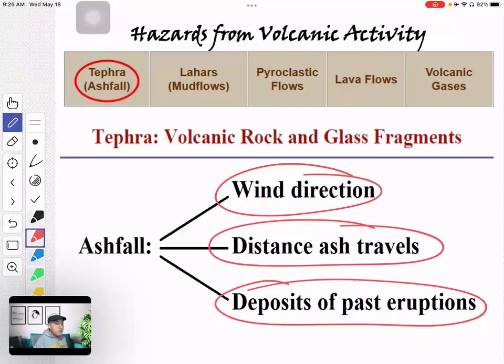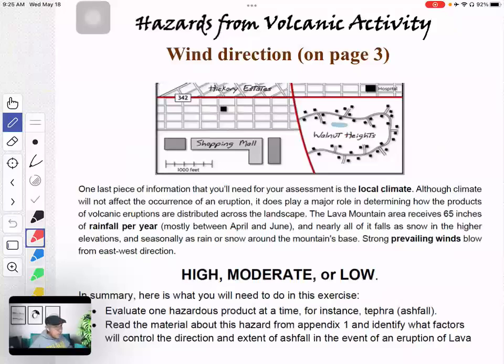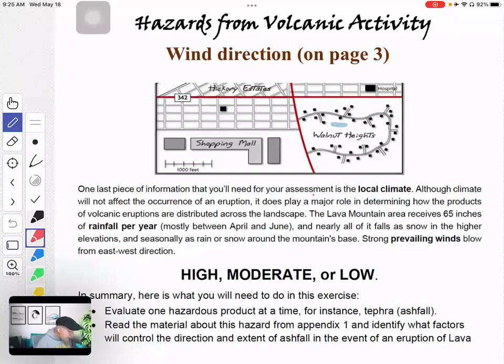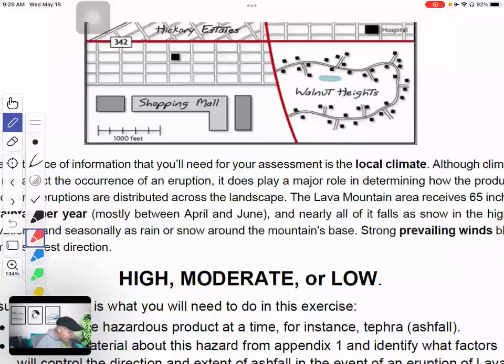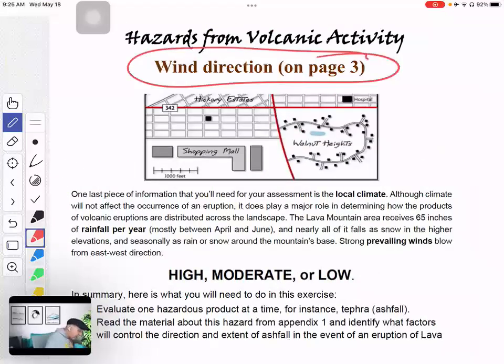So where are we going to get that information? That information is provided in your tutorial, in different pages of your tutorial. For example, for the wind direction, you're going to find that information on page 3. I want you to read page 3 and find what is the direction that the wind blows predominantly.